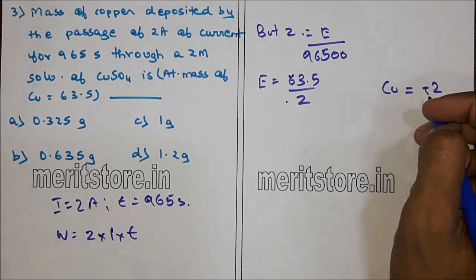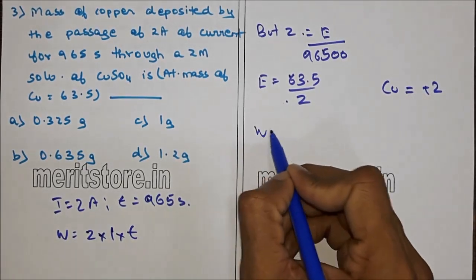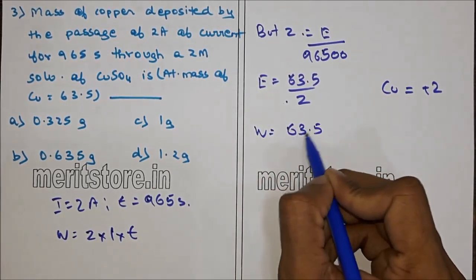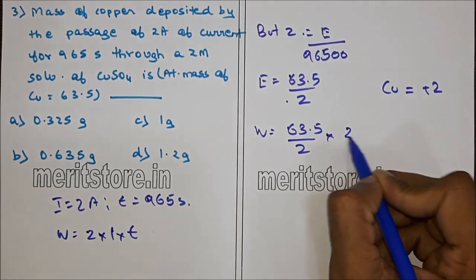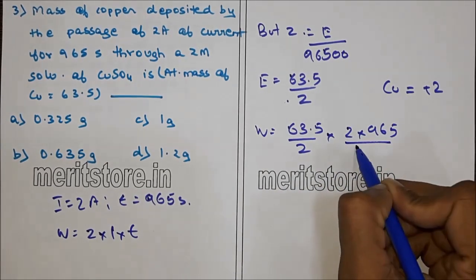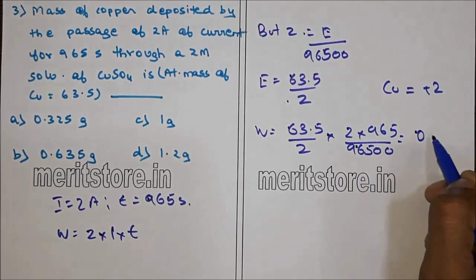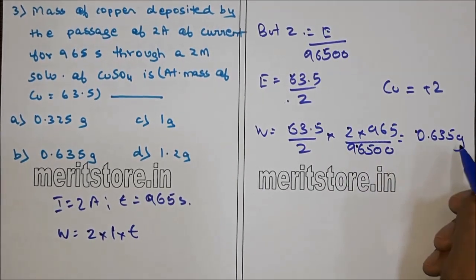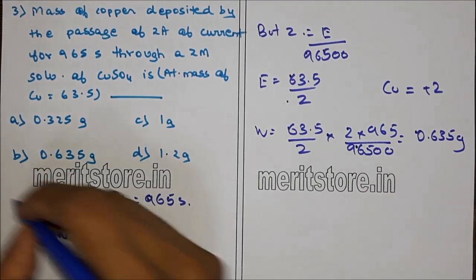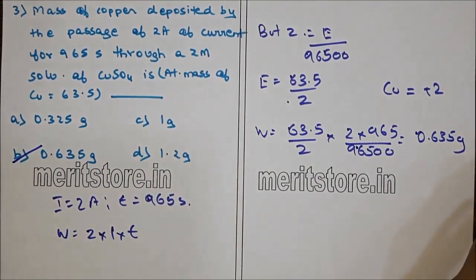So substituting, we get W equal to 63.5 upon 2 into 2 into 965 upon 96,500, which is equal to 0.635 grams, which is, we see our answer B is the correct answer.